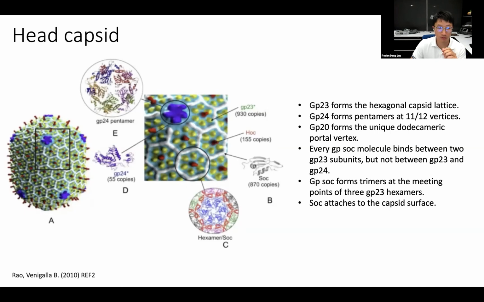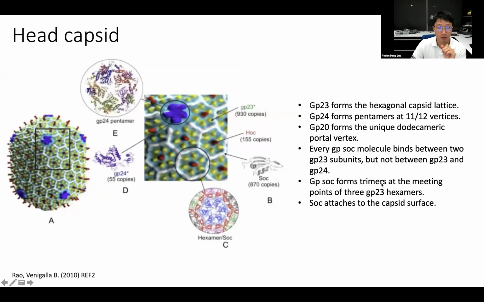dodecameric portal vertex. And every GP SOC molecule binds between two GP23 subunits. That's here. Every GP SOC molecule binds between two GP23 subunits, but not between GP23 and GP24. So here we don't have SOC protein.